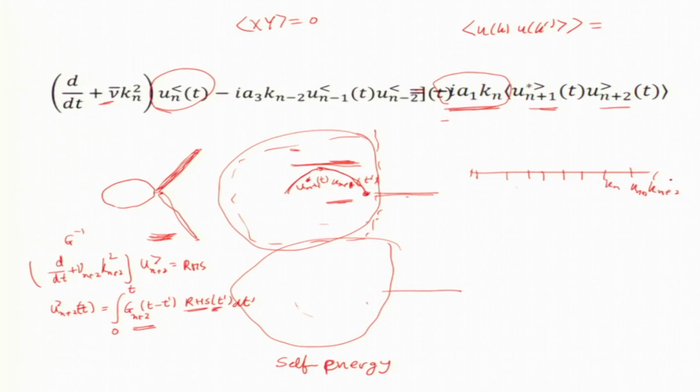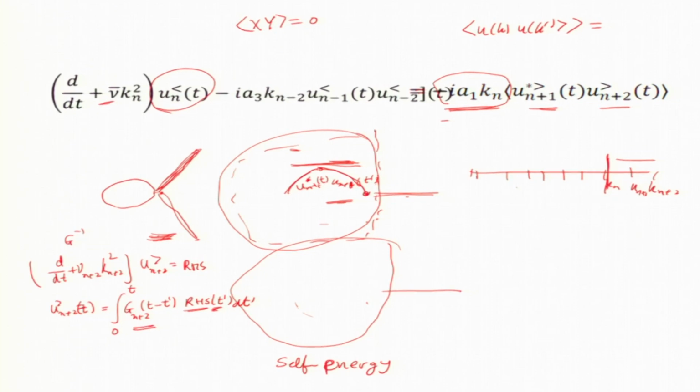But what if I go up to only kn, I do not keep these two modes, then what is my viscosity at kn? That is what I am looking at. So, my objective is not to solve the shell model, but my objective is to look at the effective viscosity.